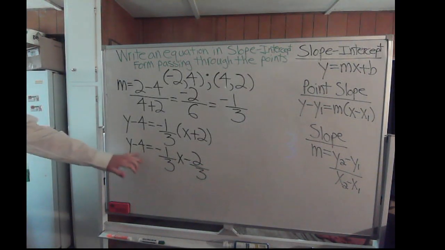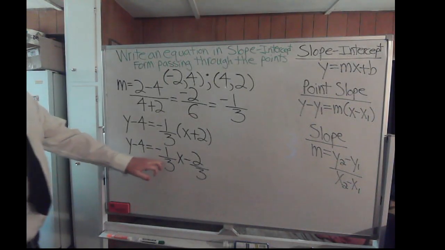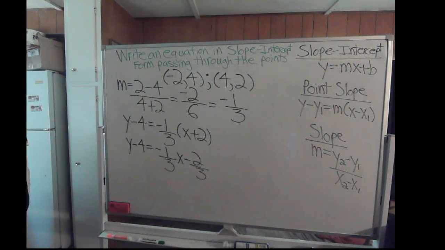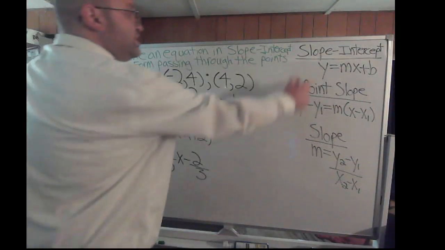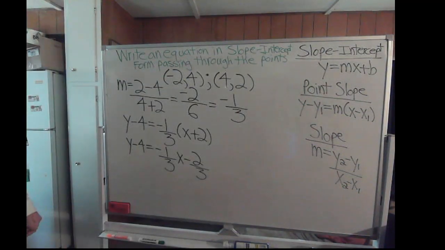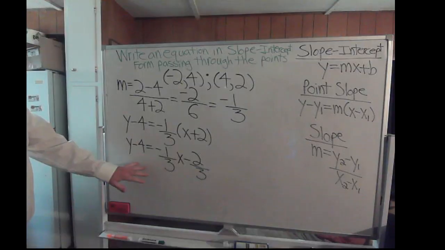So you have y minus 4 equals negative 1/3 x minus 2/3. Okay. This one's not quite as pretty as what we've worked with because we got fractions involved. However, we still want to get the equation in slope-intercept form, which means we need to get that y by itself.